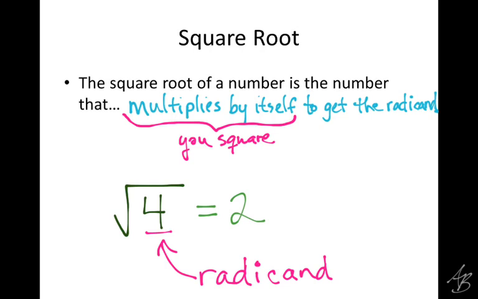So it's two slightly different ways of writing the same thing. You can write either one down, and we're going to look at it both ways, but we're actually going to look at it as a square more often than as multiplying by itself. So the number that you square to get the radicand is the square root of that number.